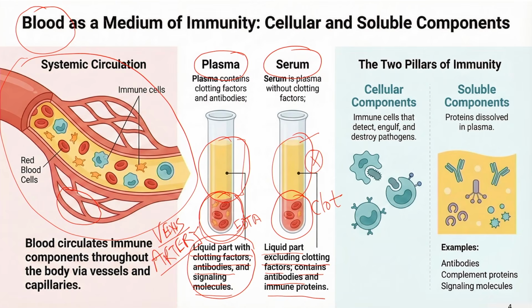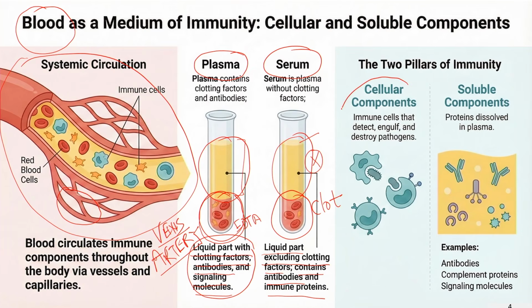And coming to the two pillars of immunity, which we will go into in detail later, still to understand what is there in the blood, I already discussed there is a cellular part and a liquid part, right? And the liquid part we divide into plasma and serum.